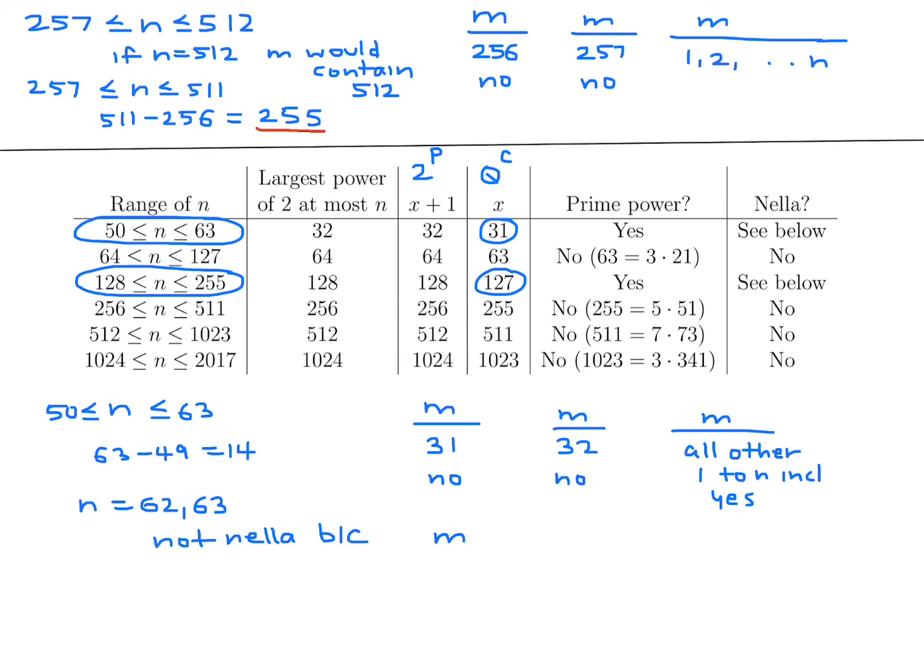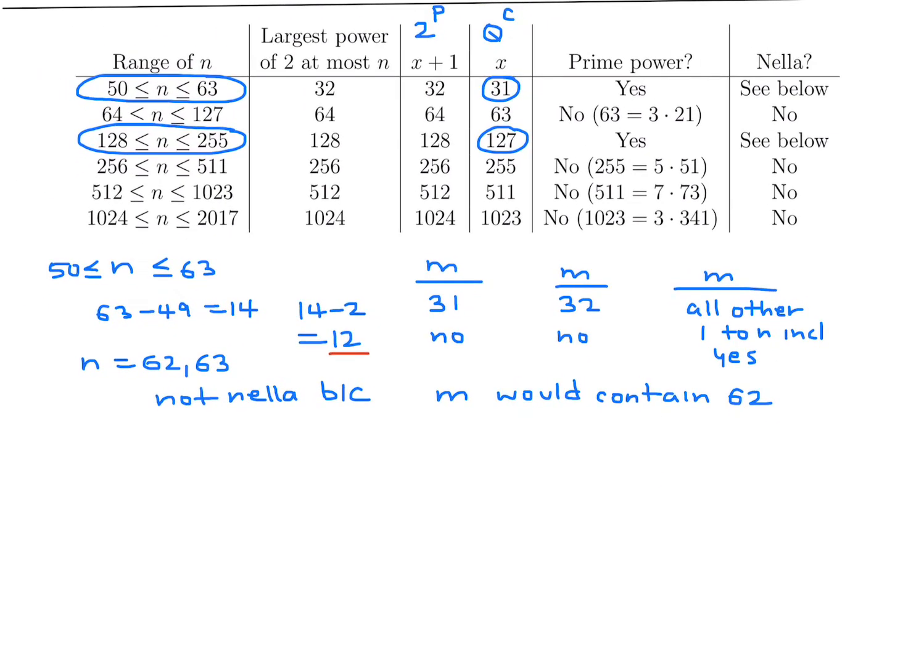So m would contain 62 if n is equal to 62 or 63. And if that's the case, then this m would be divisible by 31, since 62 would be in there somewhere in that product, and of course that's not allowed. So we have to subtract these two from this 14. So the total number is actually 14 minus that 2, which is 12. So 12 is the answer to that.